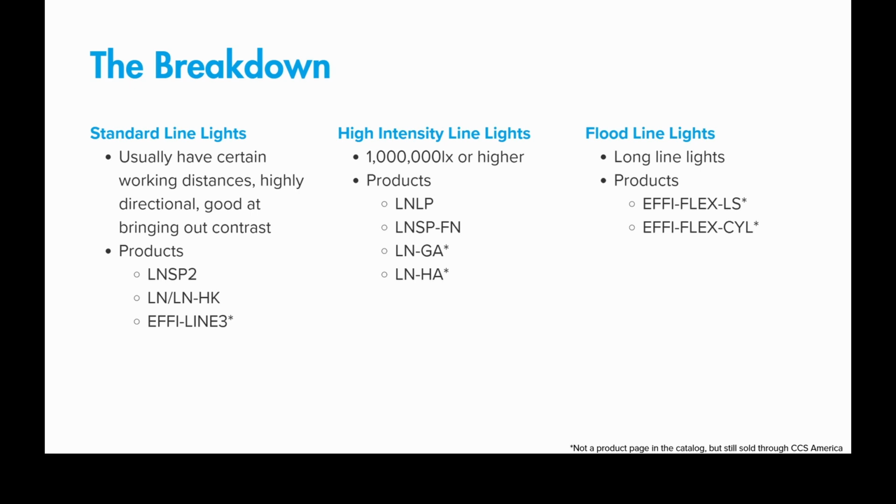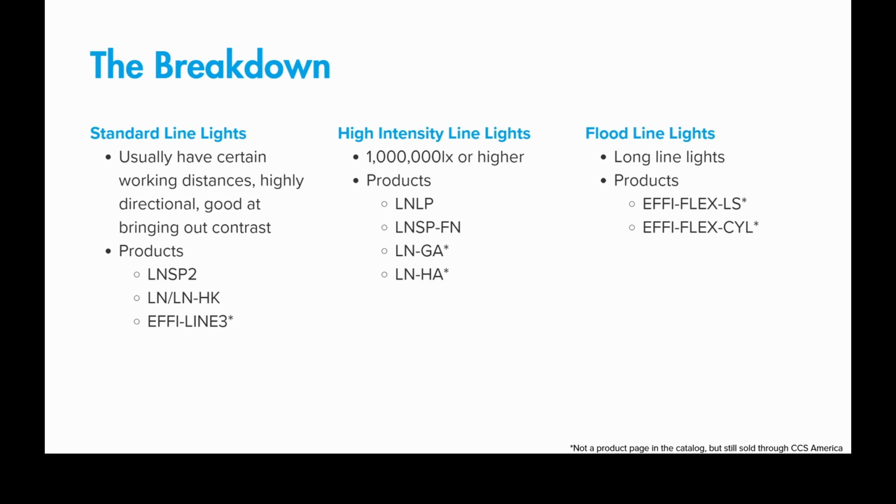The difference between the LNSP2 and the FE line 3 is going to be size. FE line 3 is a little bit bigger, the LNSP2 is more compact. They have a similar intensity and a similar uniformity, and then cost, FE line 3 is a little bit lower cost than the LNSP2. So decide what you're prioritizing in your project to decide between those two.